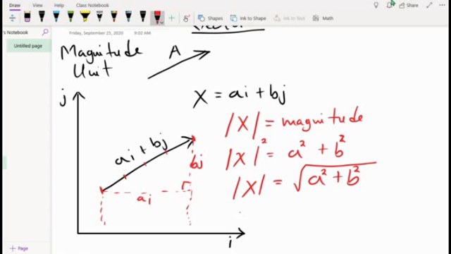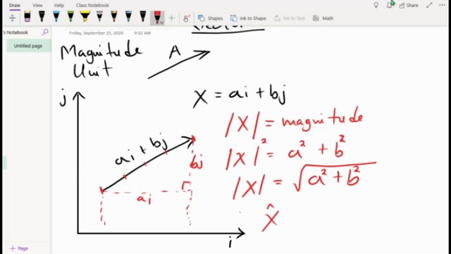The unit vector is indicated in this format: when you see a curve at the top of a letter, it represents the unit vector.